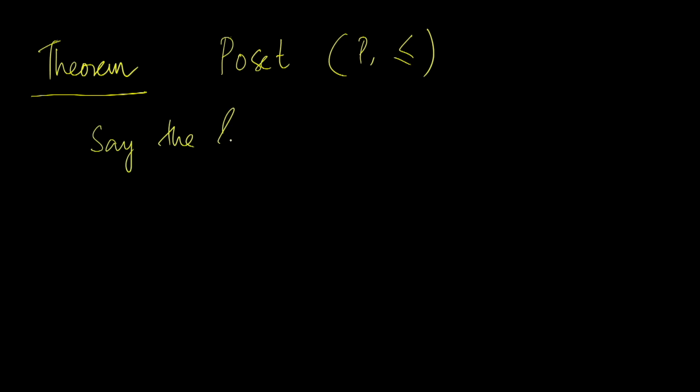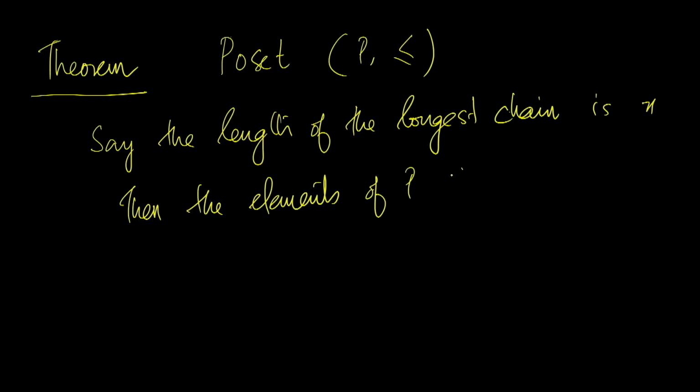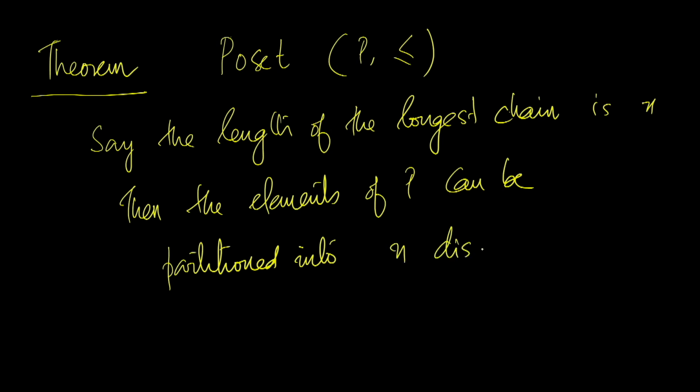Say the length of the longest chain is n, then the elements of P can be partitioned into n disjoint antichains.